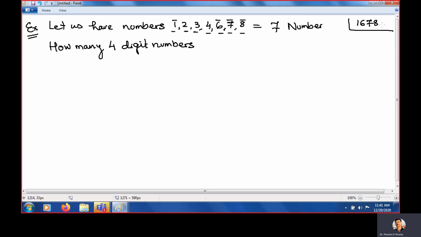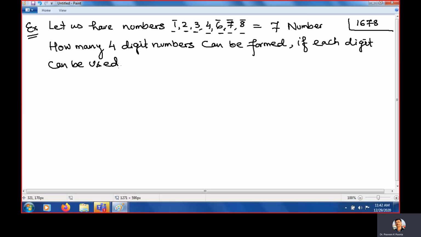So he's asking how many 4-digit numbers can be formed, if each digit can be used only once, meaning we can use the digit only one time. We cannot use the digit again and again. So if we can use it only one time, it is permutation.